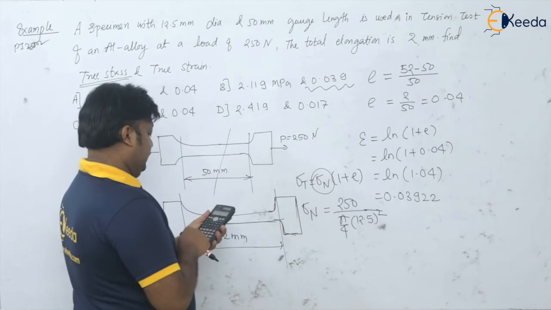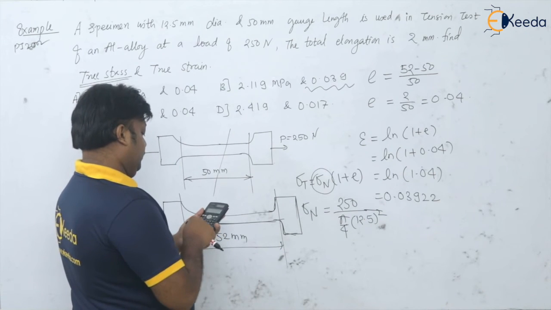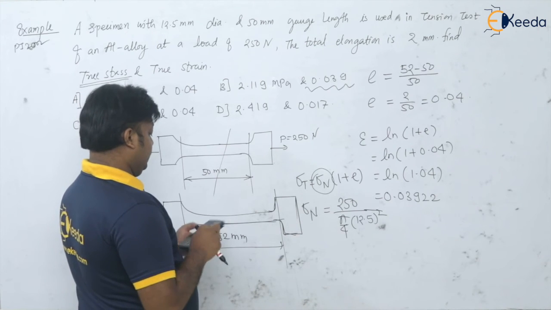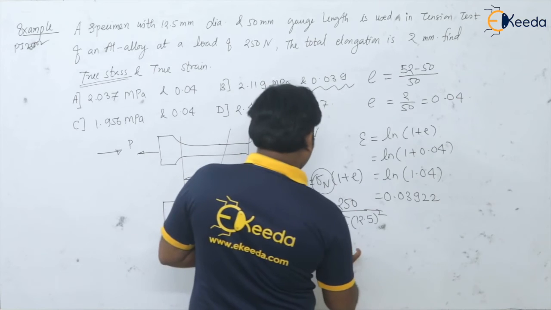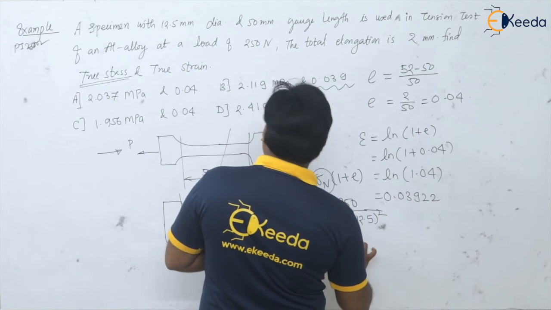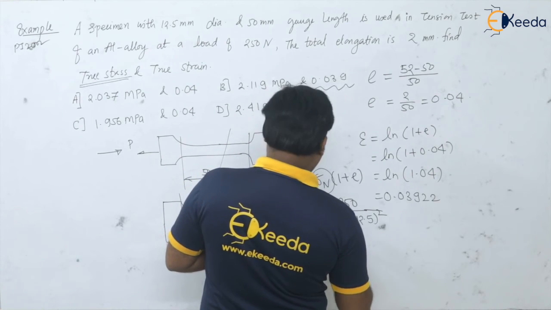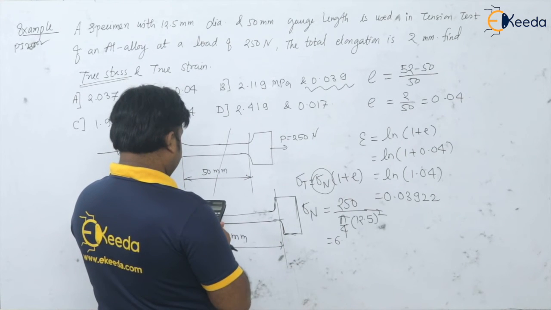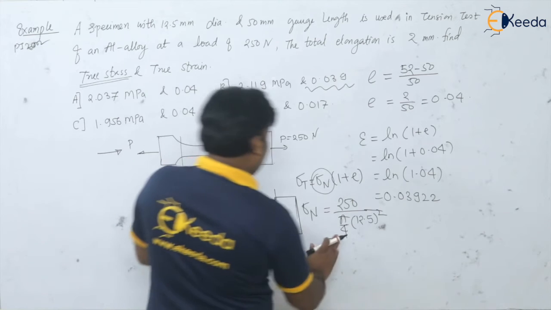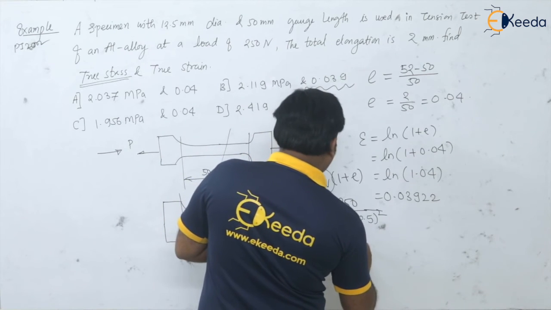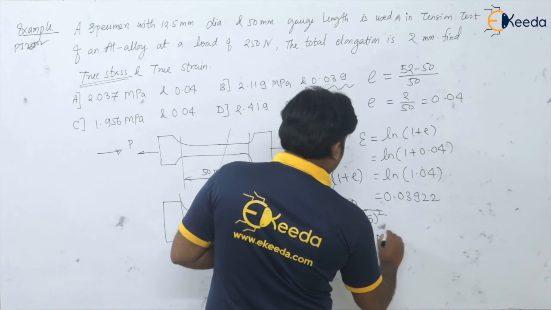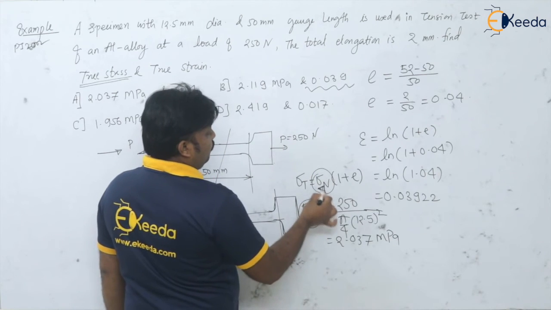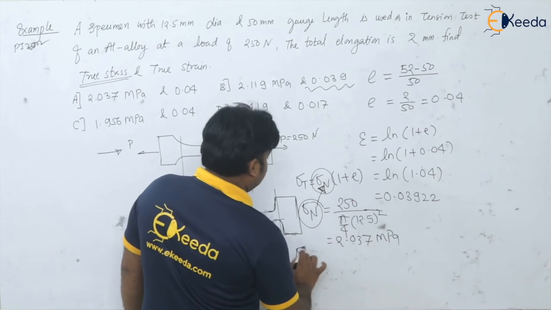So it will be 1000 divided by 12.5 square, so it is 6.4 divided by pi. So it will be 2.037 megapascal.